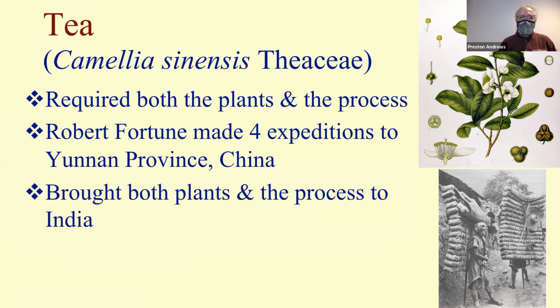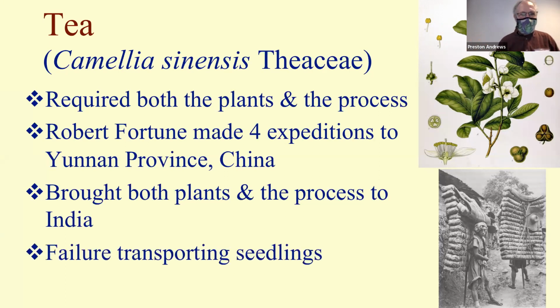And he brought both plants and the process. At the time that he did this, China had the world monopoly on tea, and it was getting rather expensive to buy tea from China. So the British wanted to establish tea plantations in India. And so they brought the plants and the knowledge of how to process tea for beverage purposes to Calcutta, and then to Darjeeling and to Assam, where we're familiar with those names.